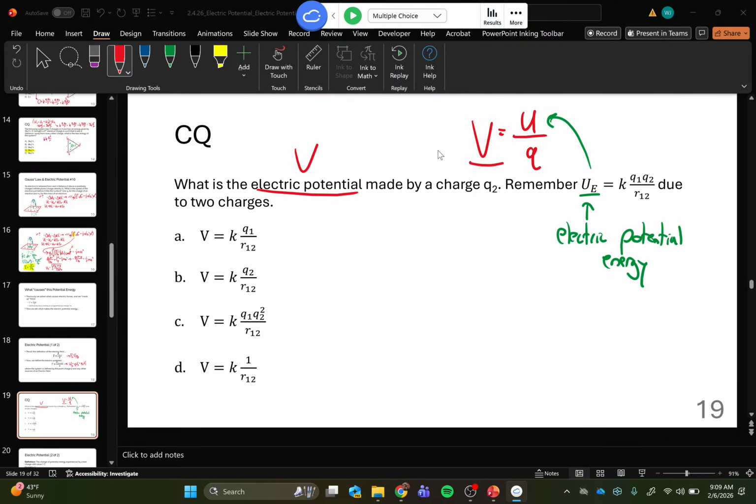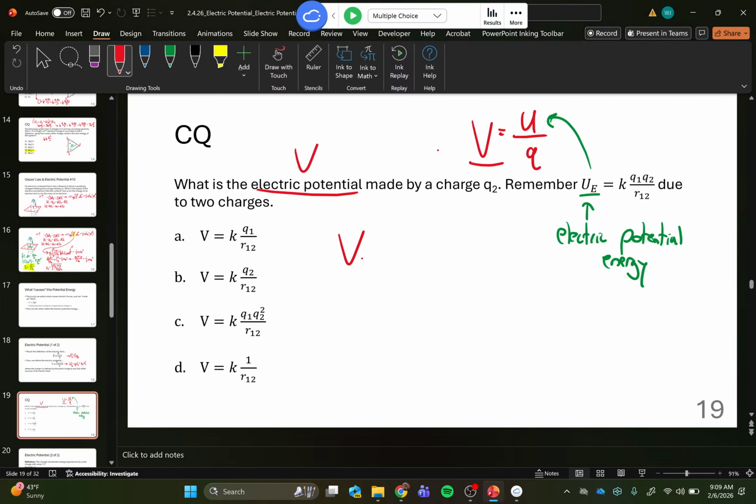All right, so how are we going to get there? Remember, if I want the voltage made by charge 2, voltage and electric potential are two words for the same thing. The voltage due to charge 2, the electric potential due to charge 2, is the energy of the whole system divided by the charge that's in the system.